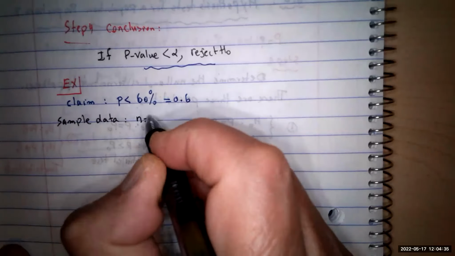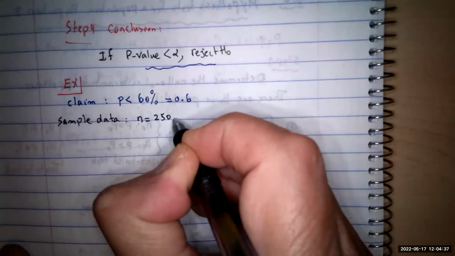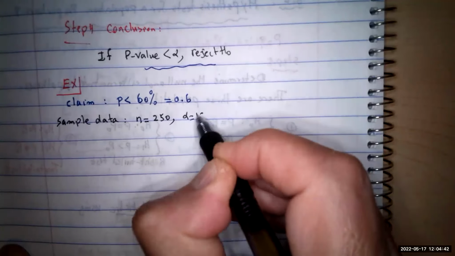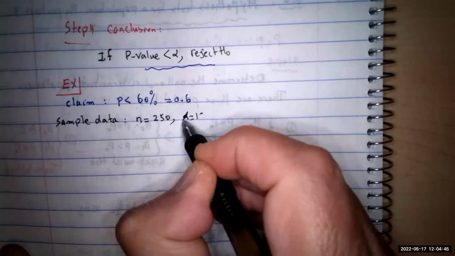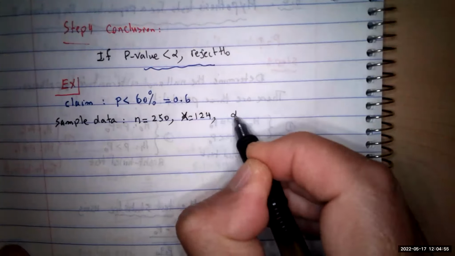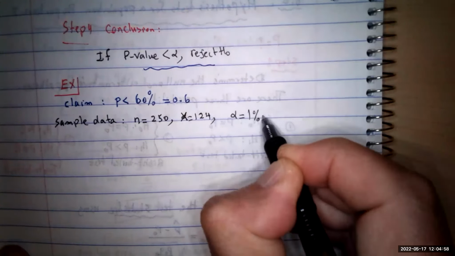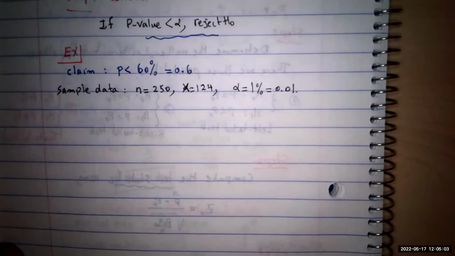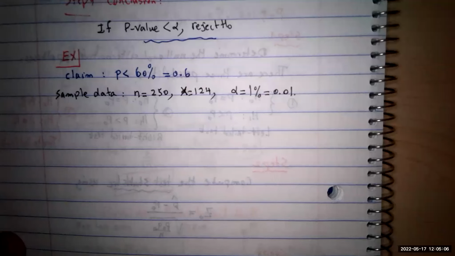The sample size n is equal to 250. Remember when you go for the proportion, number of successes, 124, and you want to check this against alpha equal to 1%, which is 0.01. Okay, so that's the case with this proportion.